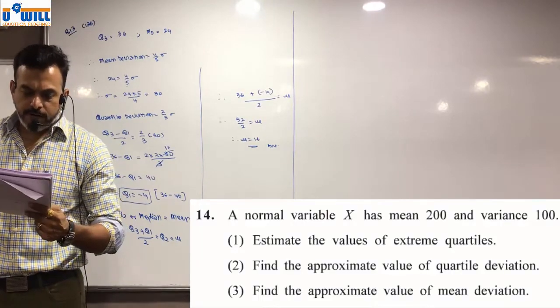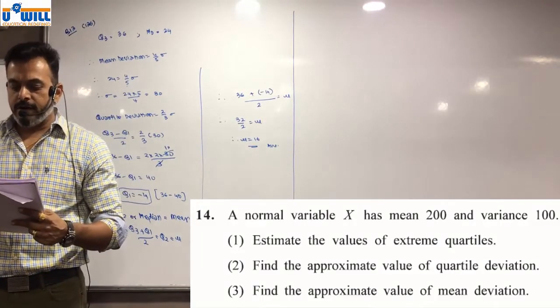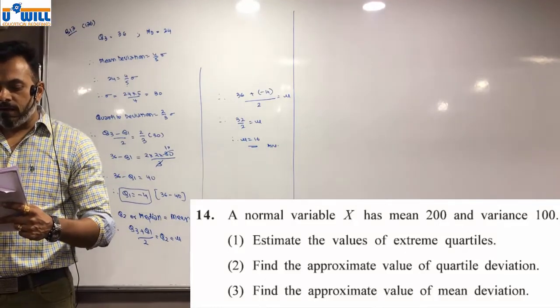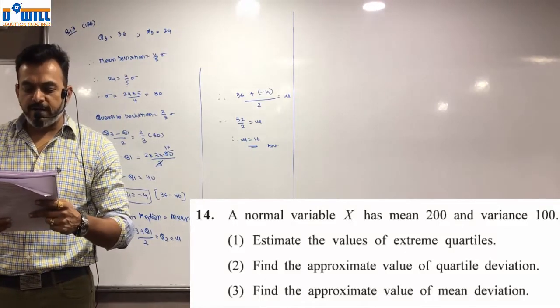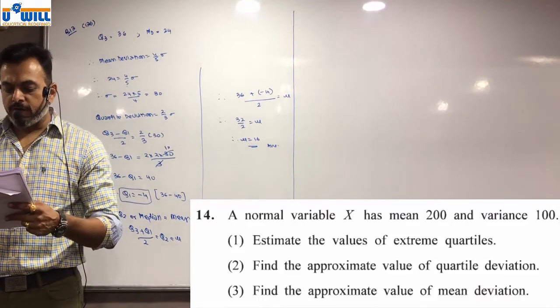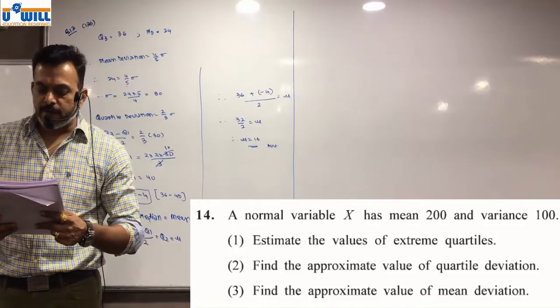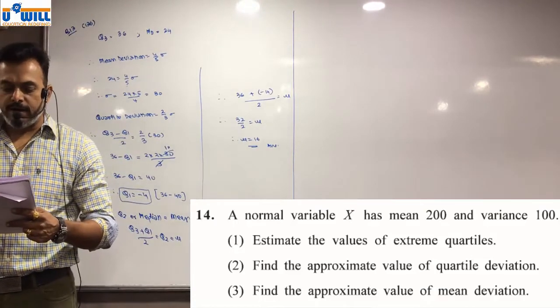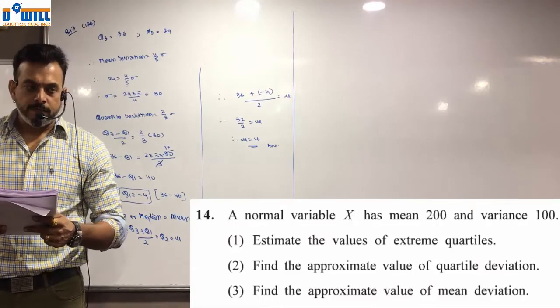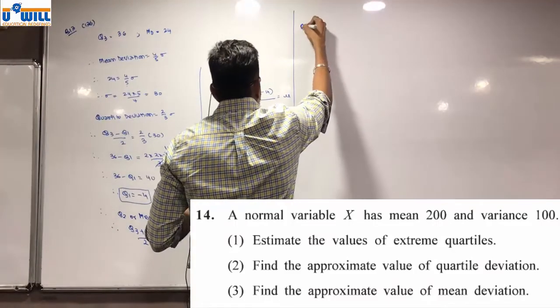Question number 40. A normal variable x has mean 200 and variance 100. First, estimate the value of extreme quartiles. Find the approximate value of quartile deviation and find the approximate value of mean deviation. Now, first let's write what is given. Question 40.